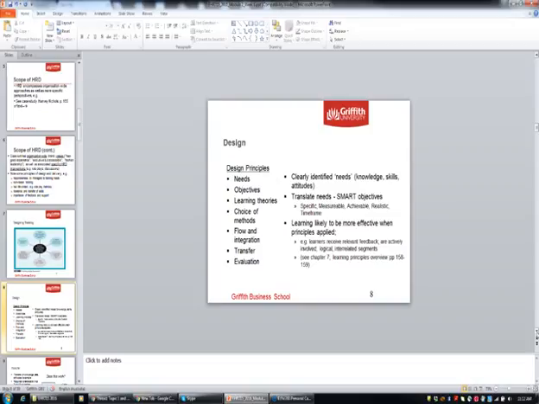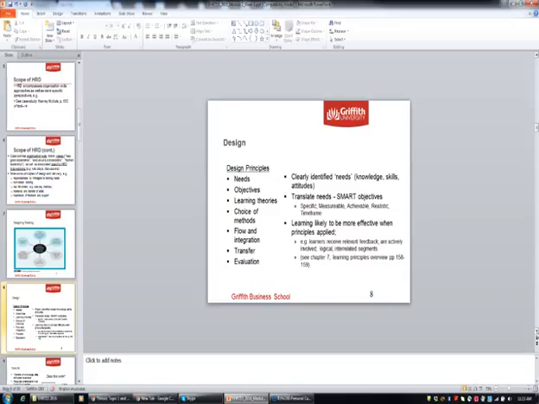There's principles around transfer. As I mentioned, every training situation needs to be assessed for transferability, and then your evaluation, so that can be done in a whole range of ways, which we'll consider more next week. Just in terms of the needs, we need to know, of course, what knowledge, skills and attitudes we're trying to impart, and then translating those needs into objectives.